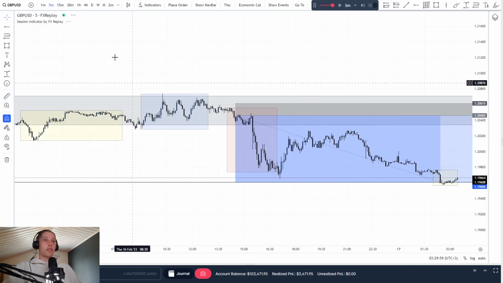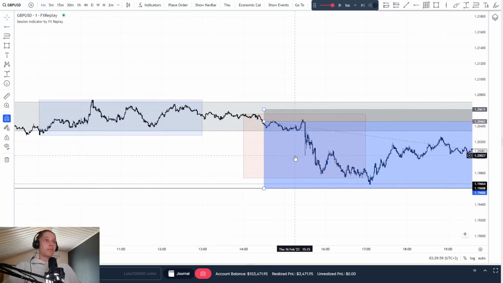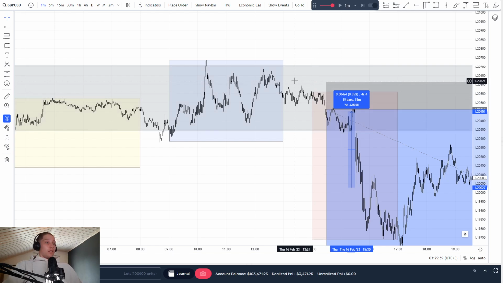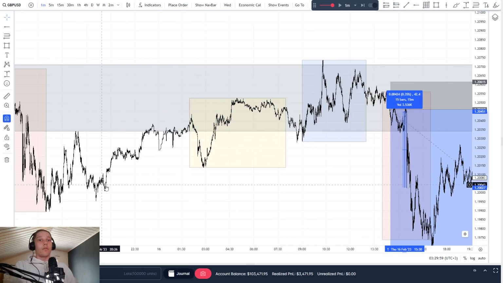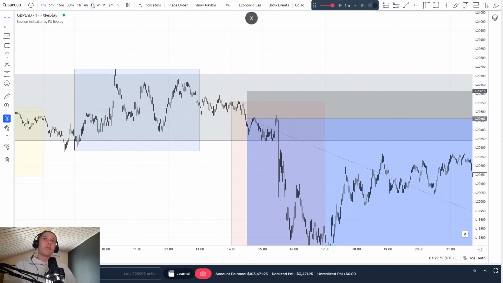The news candle in 1 minute was 42 pips. So it's like two-thirds of the daily range that had been created already, which is relatively big, but I don't know.